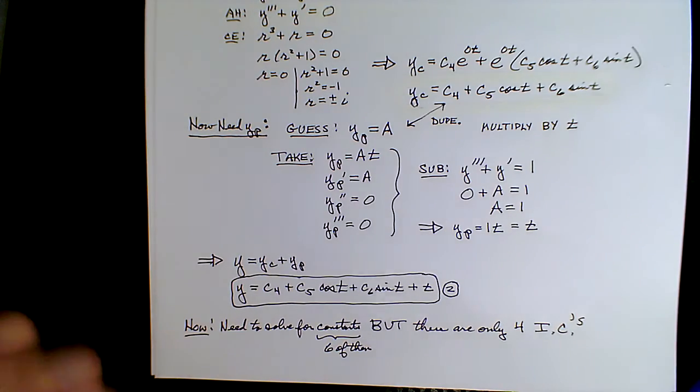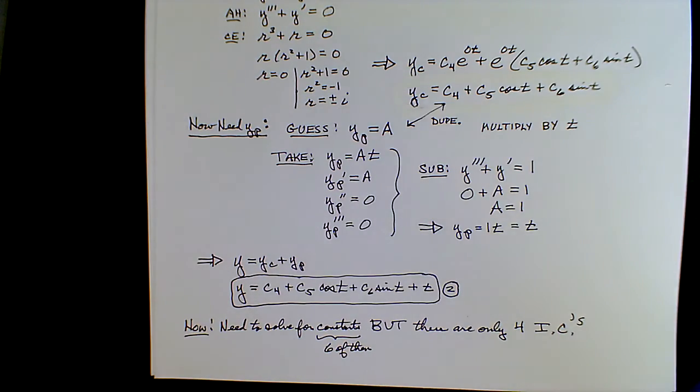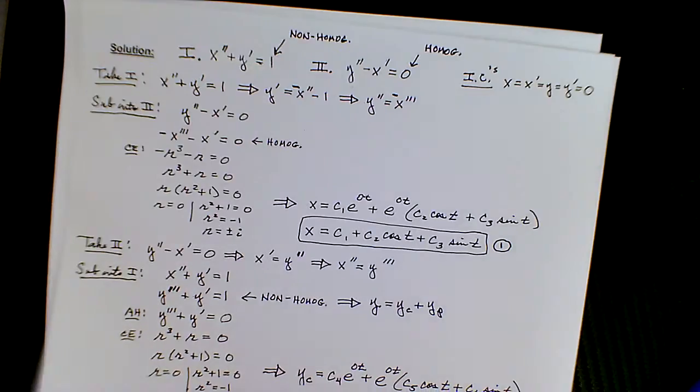Okay, so we're going to have to do something a little bit fancy to be able to determine those constants. So I got a second page here that's just a blank sheet.